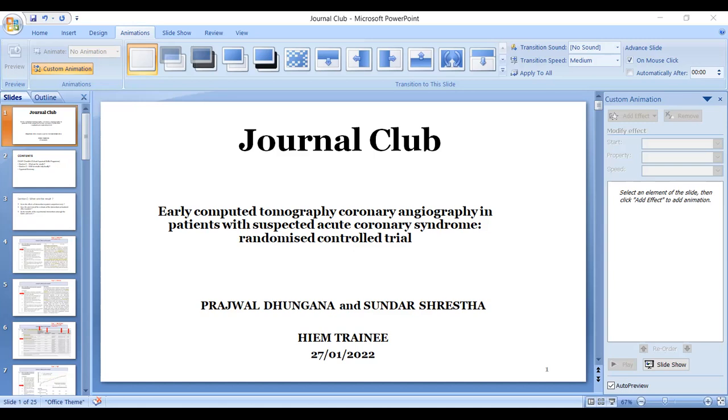So in section C, what are the results? We'll look at questions 7, 8, and 9. So in question 7, was the effect of the intervention reported comprehensively?